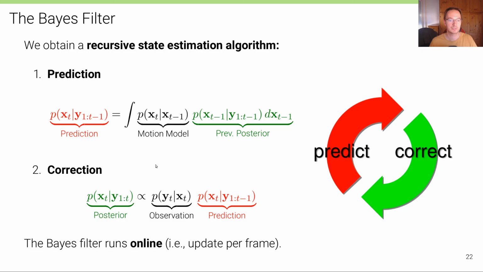And so we are alternating these two at every frame. With every new observation, we are first making a prediction about the state, and then we're integrating that observation in order to get the posterior. And then we start again in the next frame. So the filter runs online. We do one update per frame.